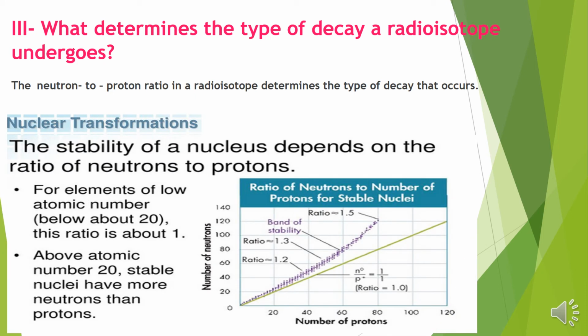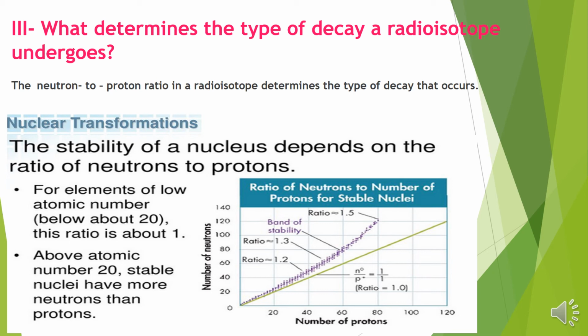We have a graph here that explains the stability of a nucleus that depends on the ratio of neutrons to protons. The stable nucleus has a ratio of neutron to proton of 1 or approximately equal to 1. So we have to divide the elements into two categories: elements of low atomic number below 20.